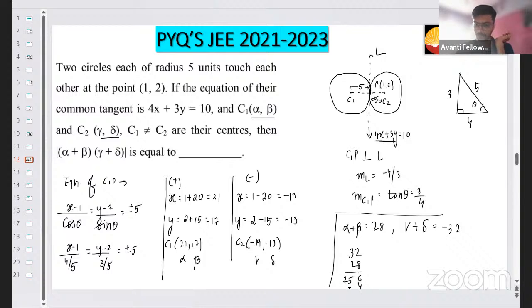To do the 4, sorry, 0, 4, 6. That means the answer is 6, 9, 8. 896 is my answer. This will be equal to 896. Since you want modulus, it will be positive. Correct, guys?